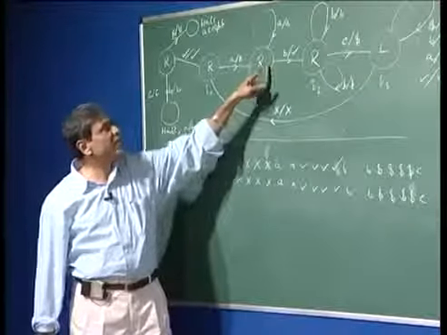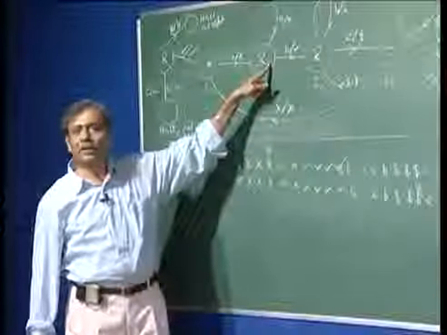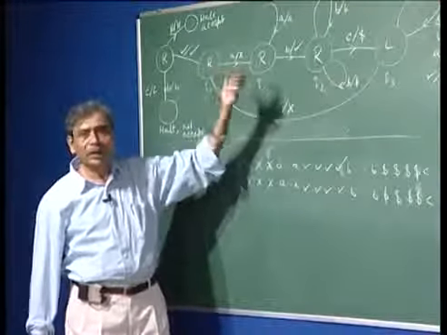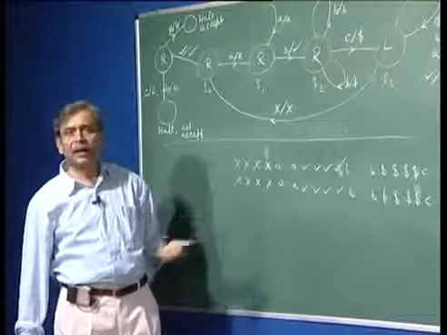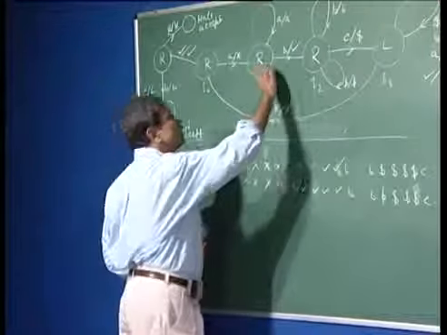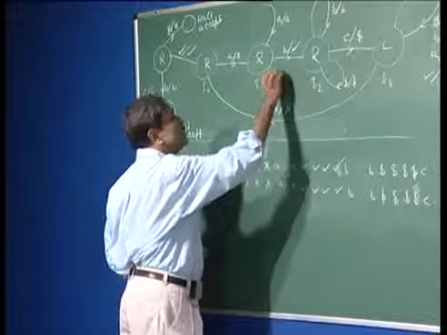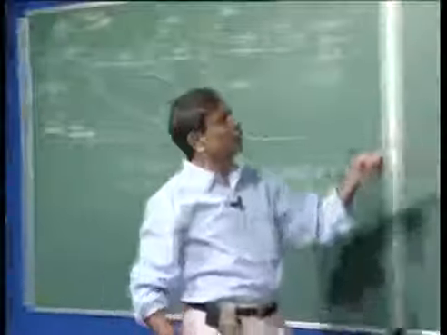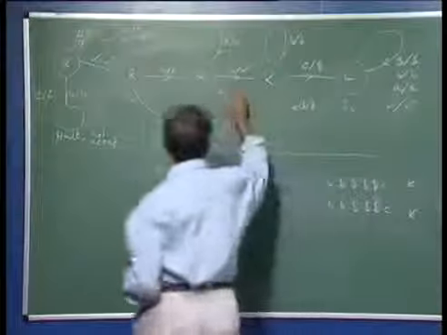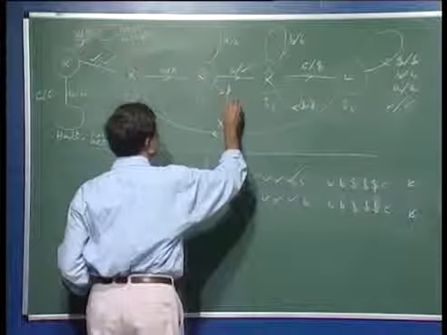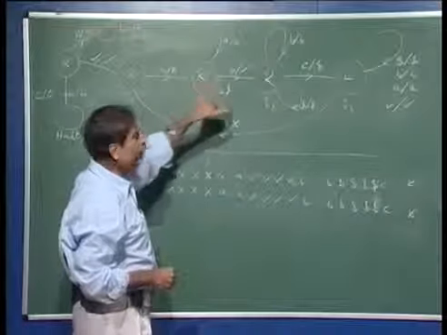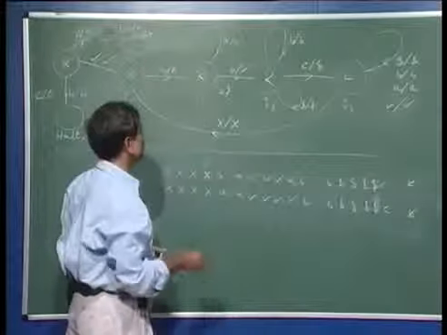In this state, if it sees either a C or a dollar, then it knows that the B block is over, and yet we are short of at least one B. So, in this case, if it finds a dollar or a C, it knows that the number of A's is definitely more than the number of B's.